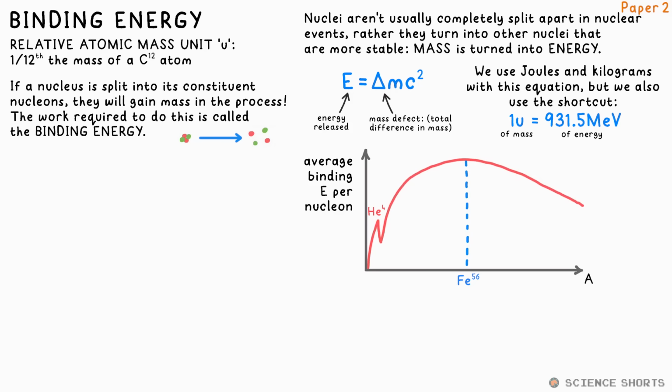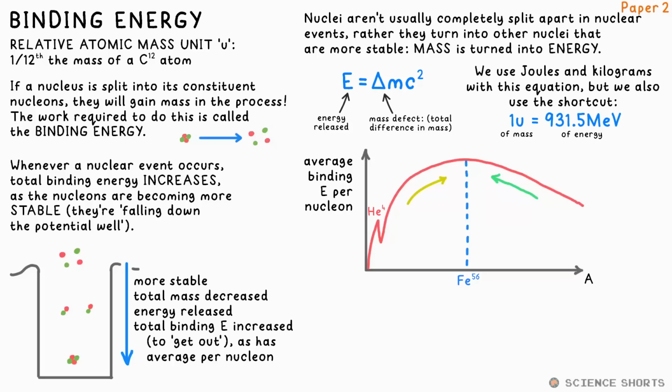However, when nuclear events occur, such as fission, fusion, decay, they don't involve nuclei completely split into their constituents, of course, or vice versa, but just rather turning into other nuclei, which are more stable, meaning they always move up the curve as their total binding energy, and therefore their average binding energy per nucleon as well, has increased. We can think of them as falling down a potential well, meaning they would need more energy to get out.